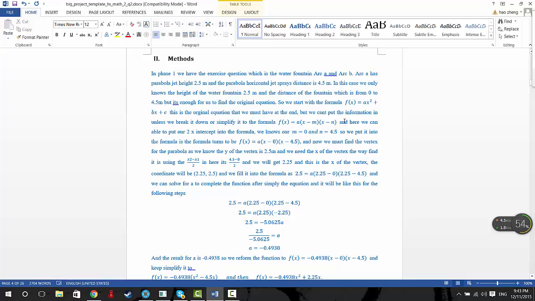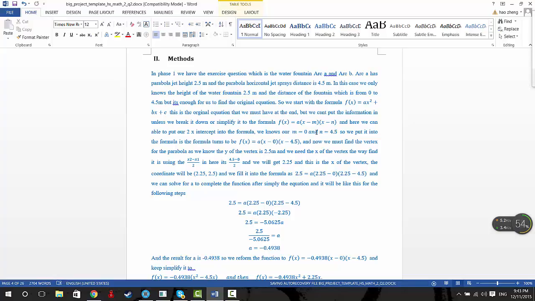This is what we call factoring, and we are able to put our 2 x-intercepts into the formula. We know m equals 0 and n equals 4.5 because in the question they told us the jet spray's distance is 4.5 meters. So it's from 0 to 4.5.